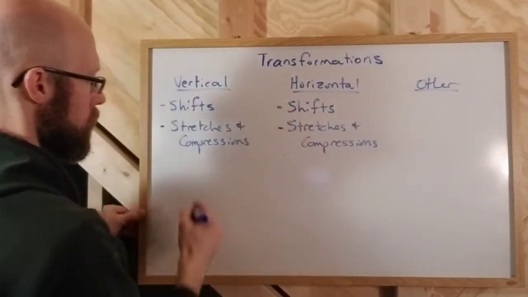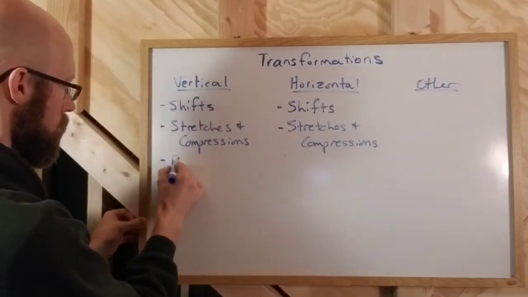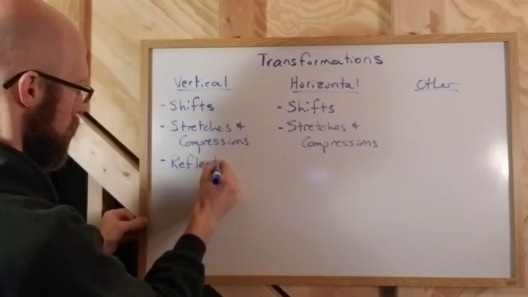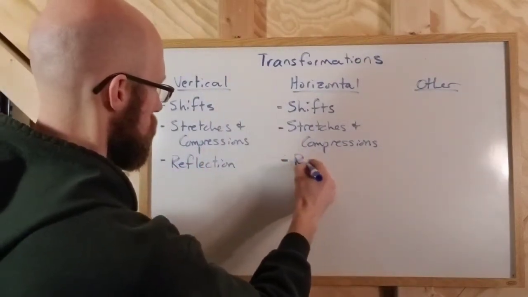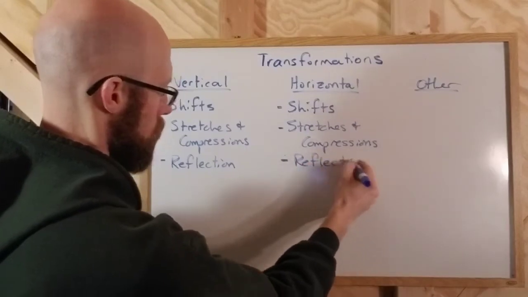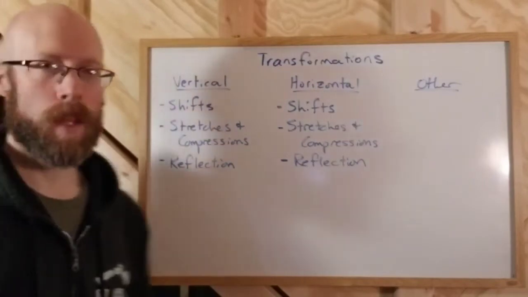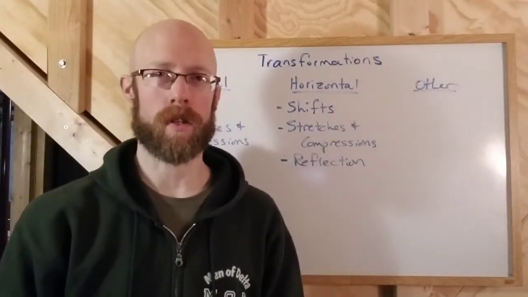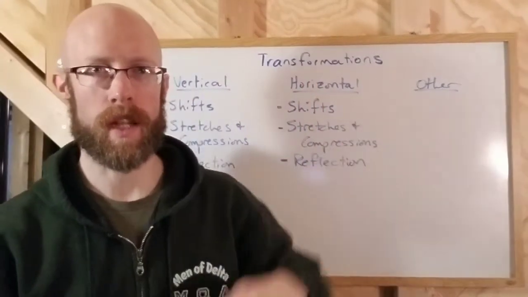And then the other category is reflection. Okay, so you can reflect graphs, either vertically or horizontally. So you could take a graph like a parabola that opens up and reflect it so that it opens down.